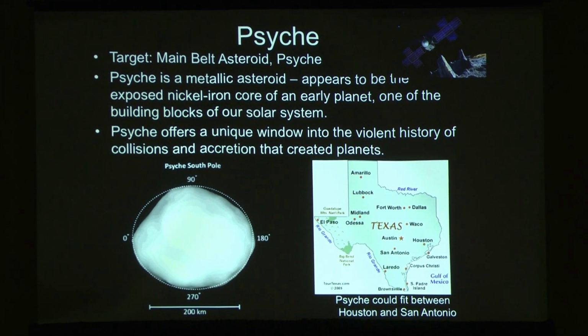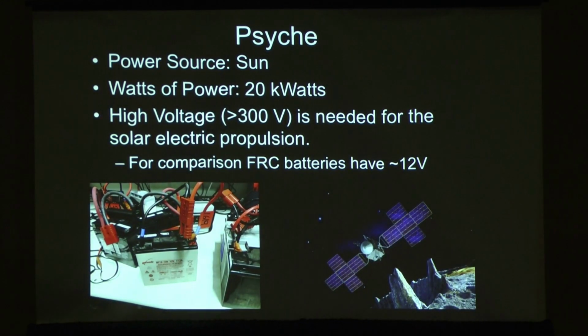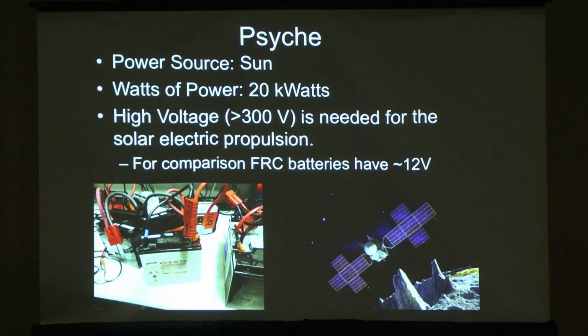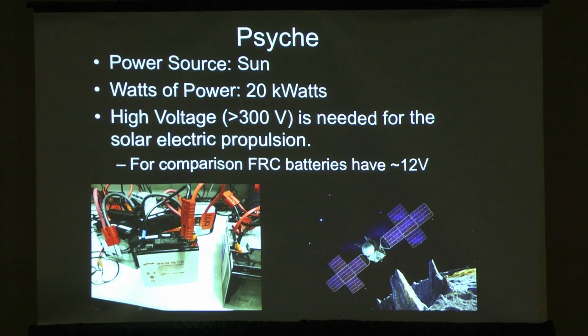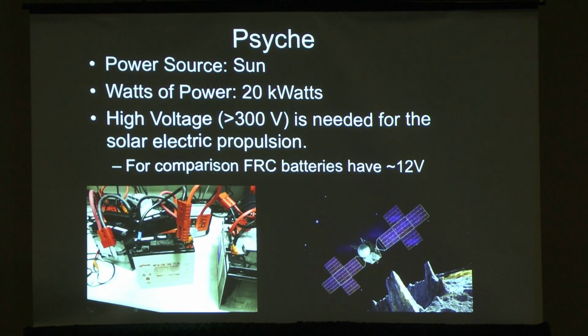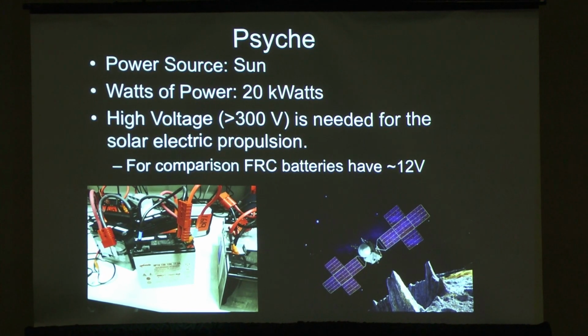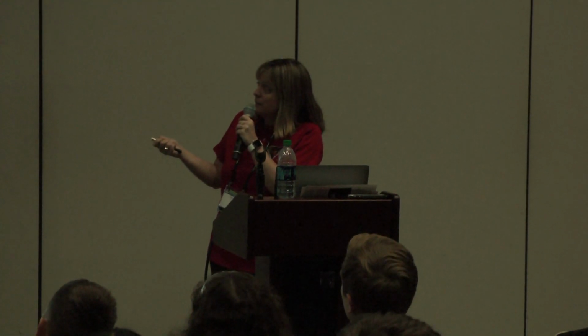Now, the Psyche mission uses something called solar electric propulsion, and that is a way of ionizing xenon gas and emitting it to get more thrust, basically, than chemical propulsion. But that requires a lot of power. And in fact, they use solar power for the spacecraft, like many spacecraft do, but they can generate up to 20 kilowatts of power.